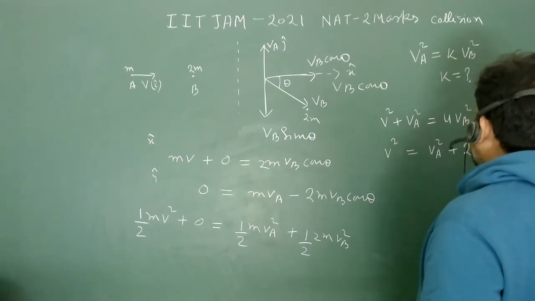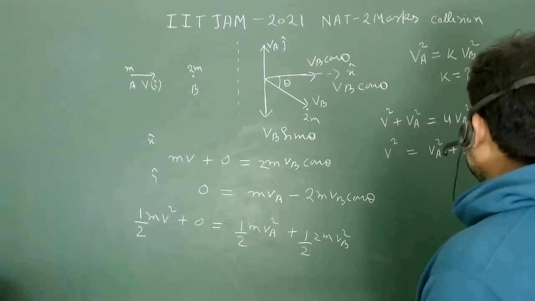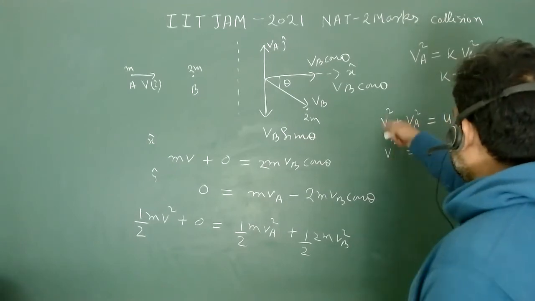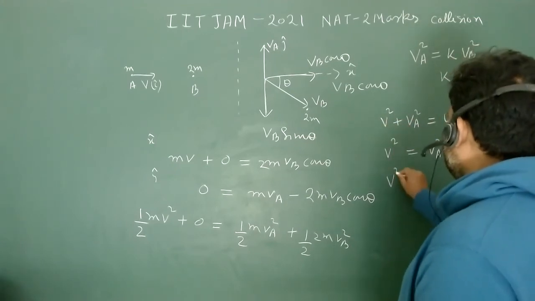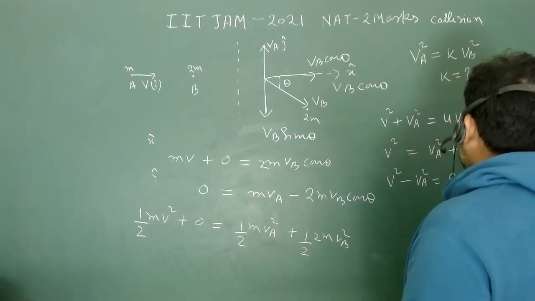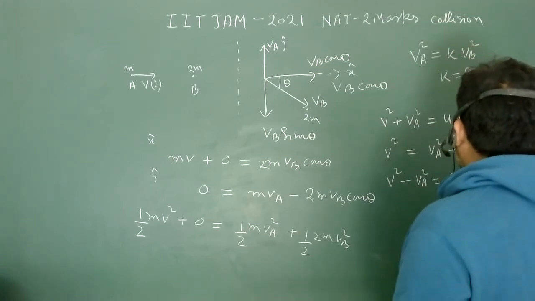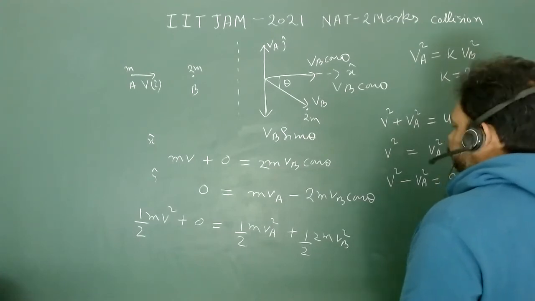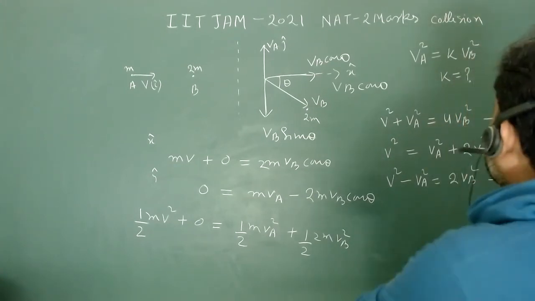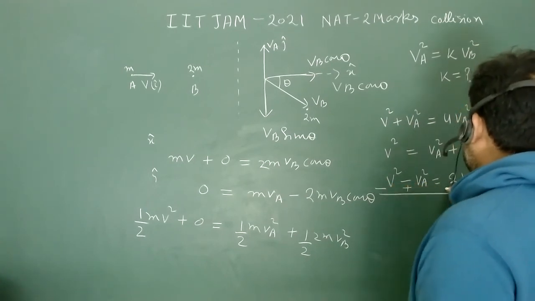To solve, we have to remove this v square. So I can write v square minus VA square is equal to 2 times VB square. This is my third equation. Now I am taking the first equation and subtracting so that v square cancels out.